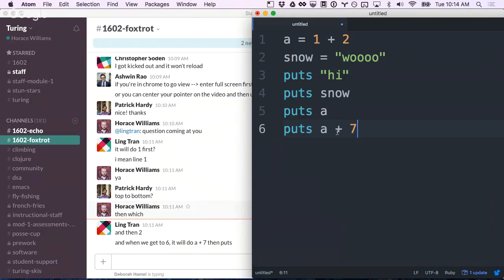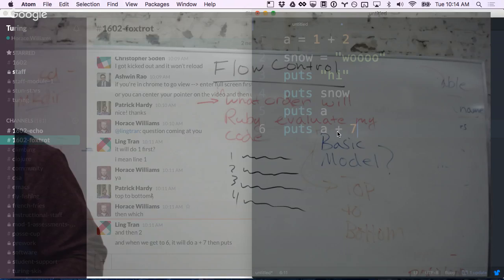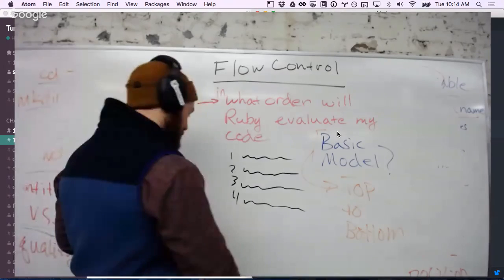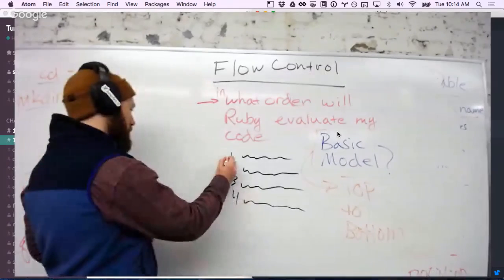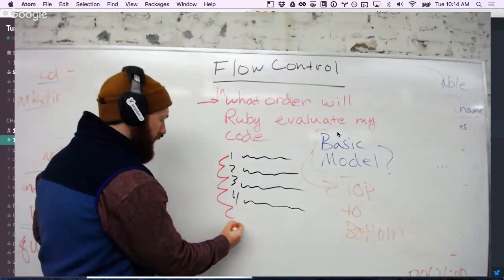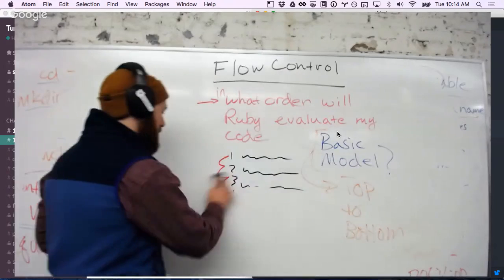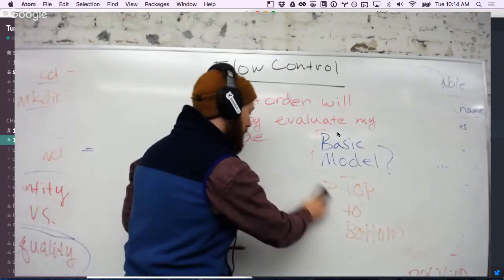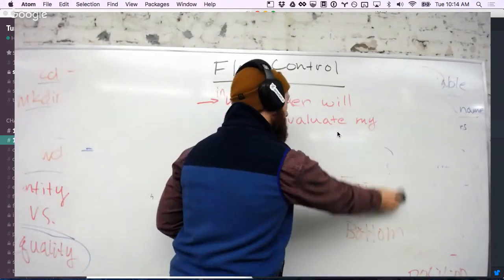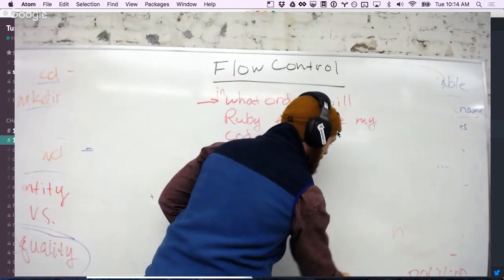Now, the problem with that is if we could only write programs that evaluated code in this order, 1, 2, 3, 4, it's pretty limiting on the kind of things that you can express. We want to be able to write all kinds of powerful programs, flexible programs that can, in theory, accomplish anything.